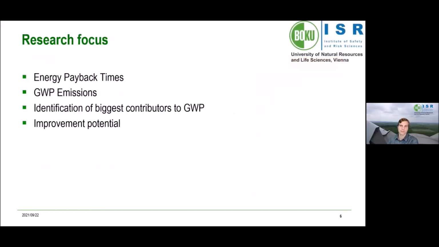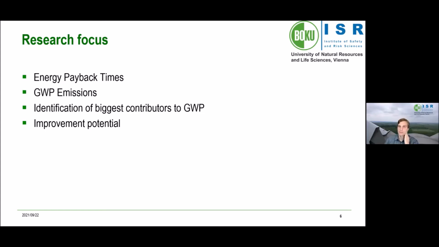What we wanted to know is basically the energy payback time. We wanted to look into the global warming potential, identify the biggest contributors in the system of a wind turbine, and identify the improvement potential.